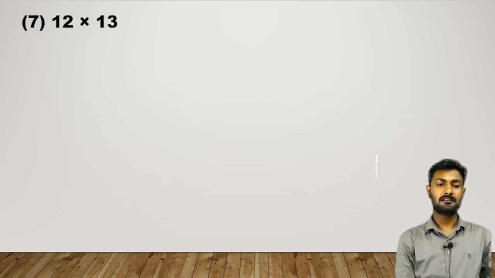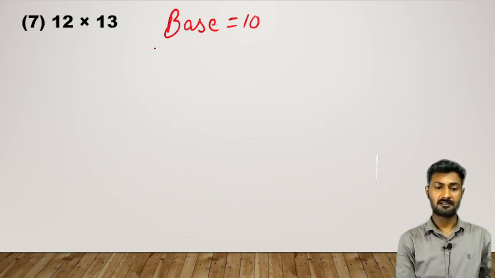Okay, next one. Here the base is 10. Write the numbers 12 and 13. Deviation of 12 is +2. Deviation of 13 is +3.